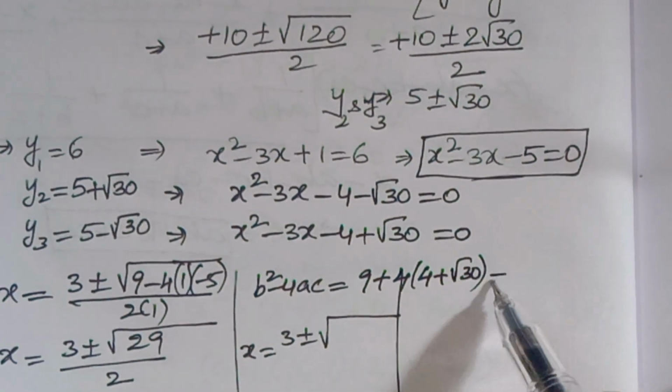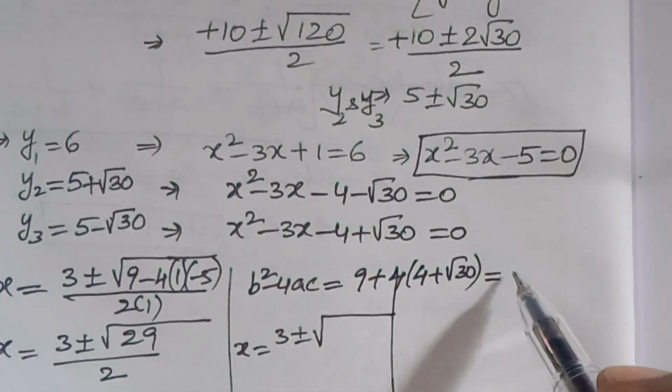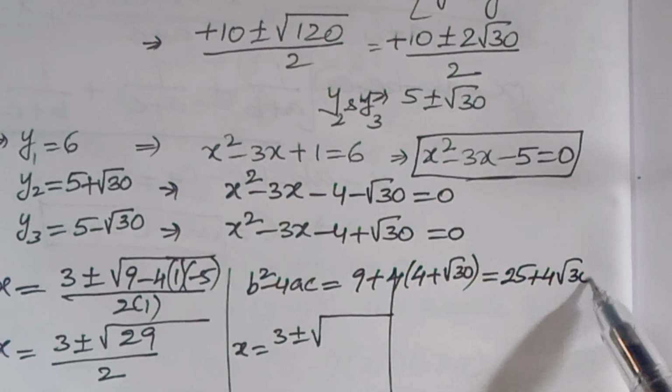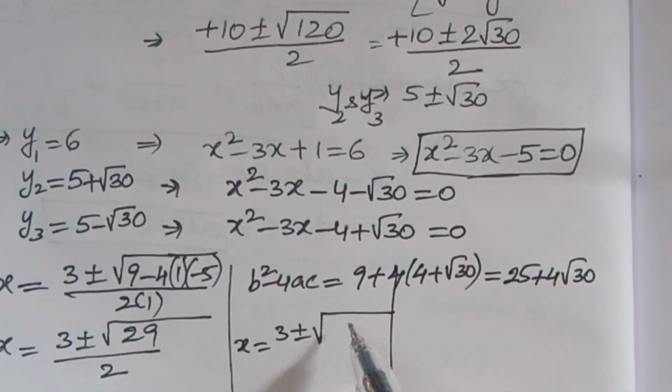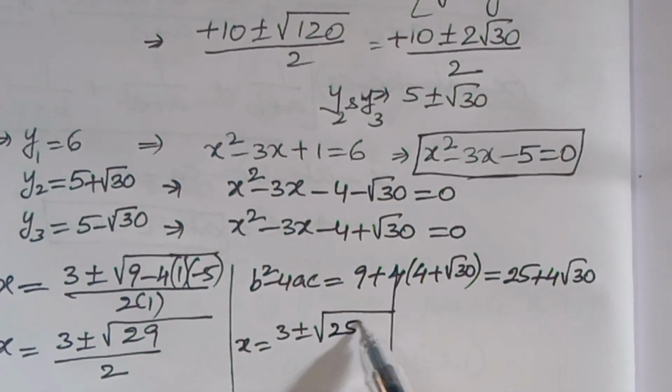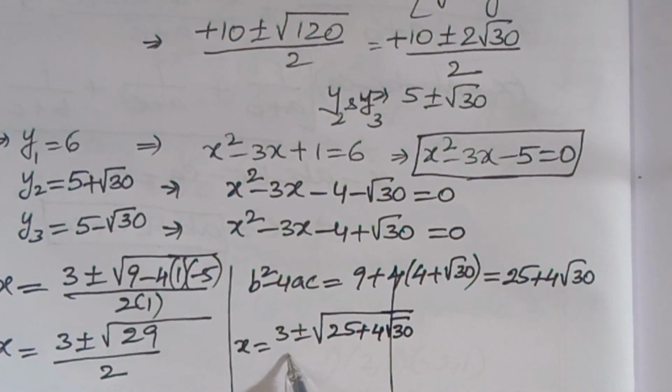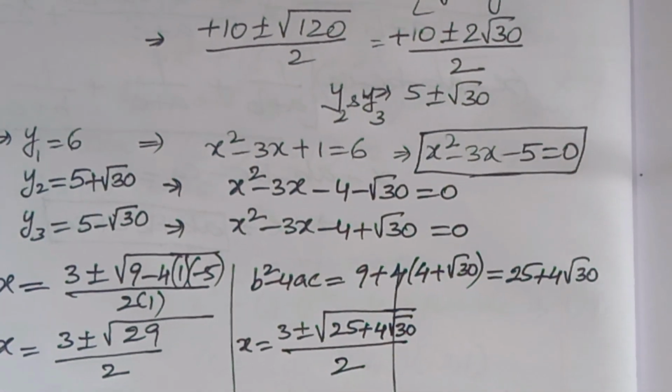So this will be 25 + 4 root 30. So x = 3 plus or minus root of 25 + 4 root 30, by 2.